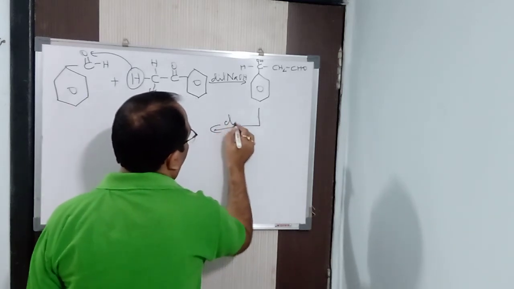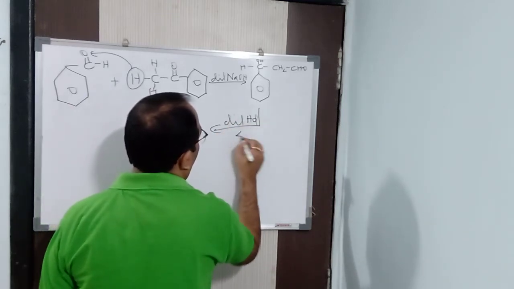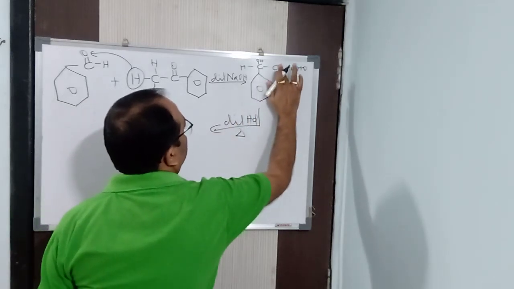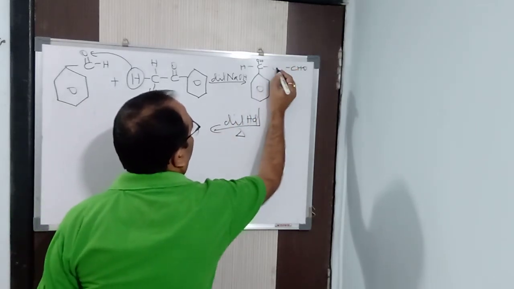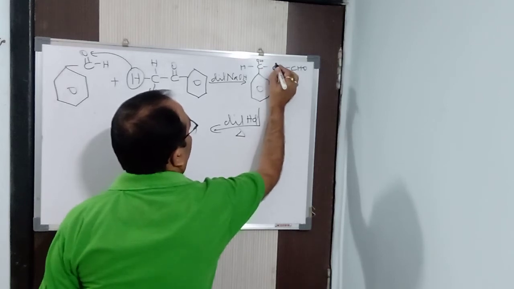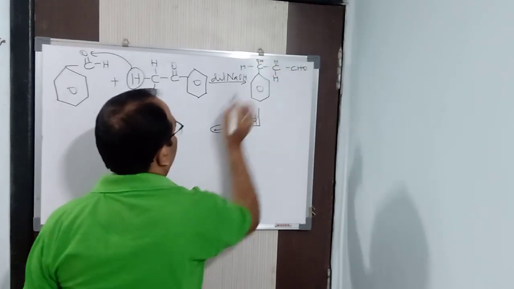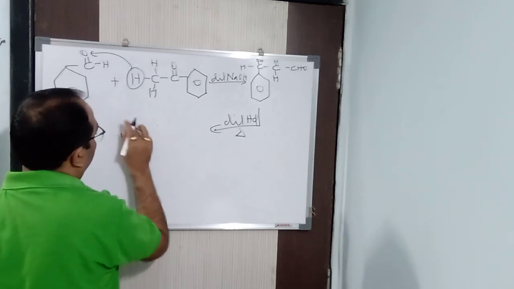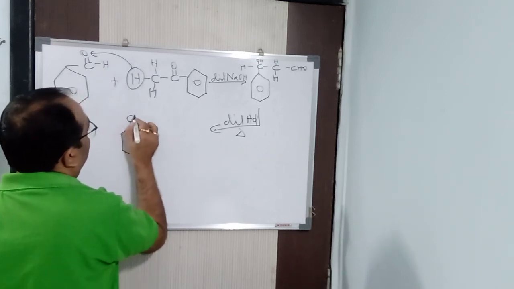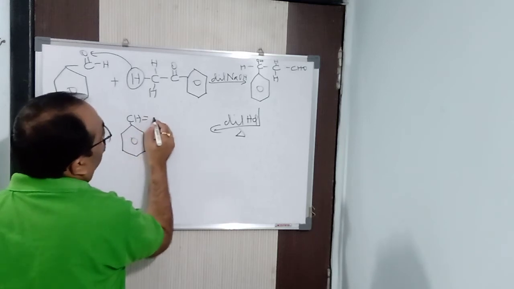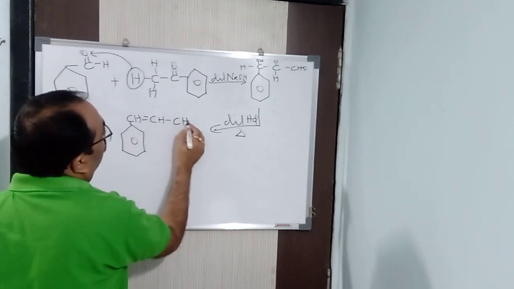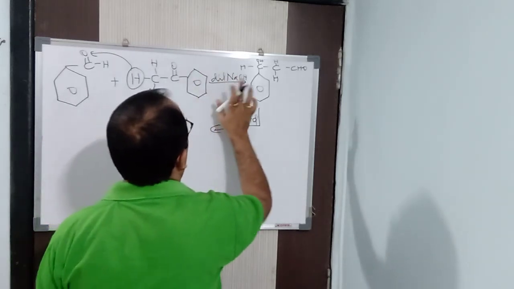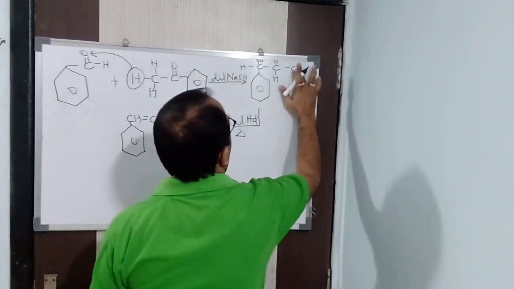Now again same thing, when it is heated with dilute HCl, what will be happening here? One H from here and one more H here. So HOH goes, and what is the product I will be getting? Wait, I have made a mistake here. That is not CHO.